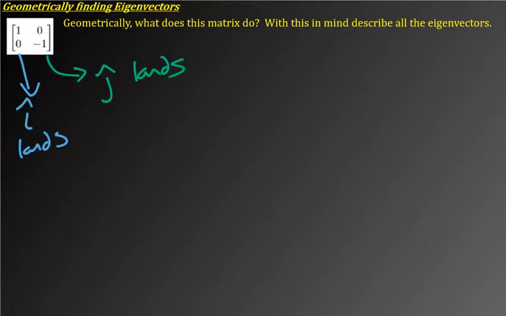So if we take a picture, a graph here, i hat is landing right there where i hat is, but then j hat, which is up here, is going to 0, -1. So j hat is landing over here, okay?